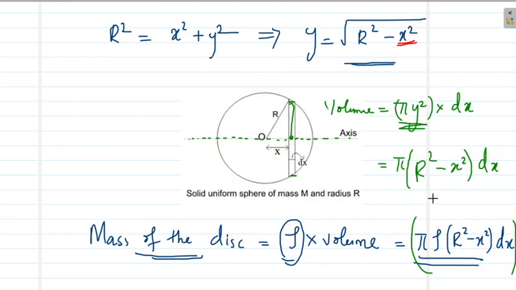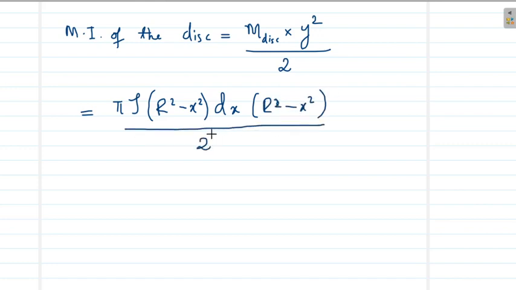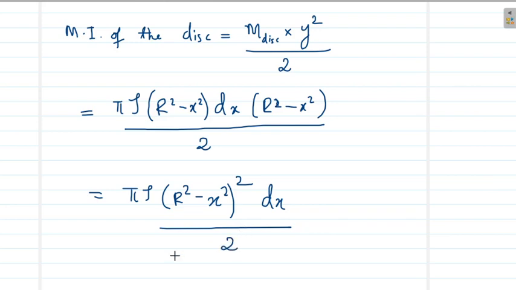Now the mass of the disk is pi rho into r squared minus x squared dx. And again y squared is r squared minus x squared, whole divided by 2. So this is equal to pi rho into r squared minus x squared the whole squared dx divided by 2. You can expand this square term using the formula of a minus b the whole squared.